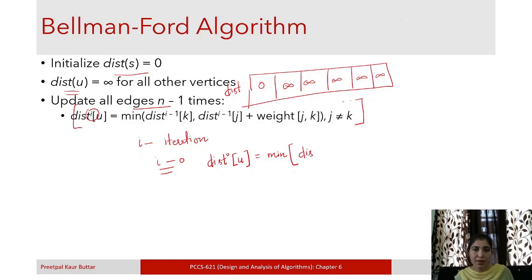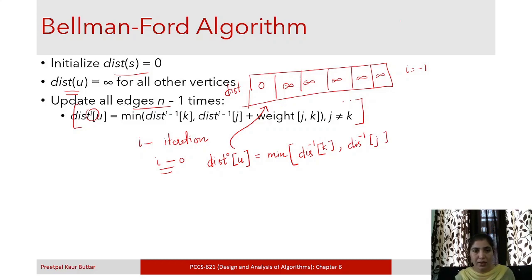distance I minus 1. If it is 0, we will look at the matrix which we initialized before this loop. It will update the distance if we are able to find a better distance, so it looks at the previous distance. Suppose I minus 1, k is another vertex, comma distance I minus 1 j.